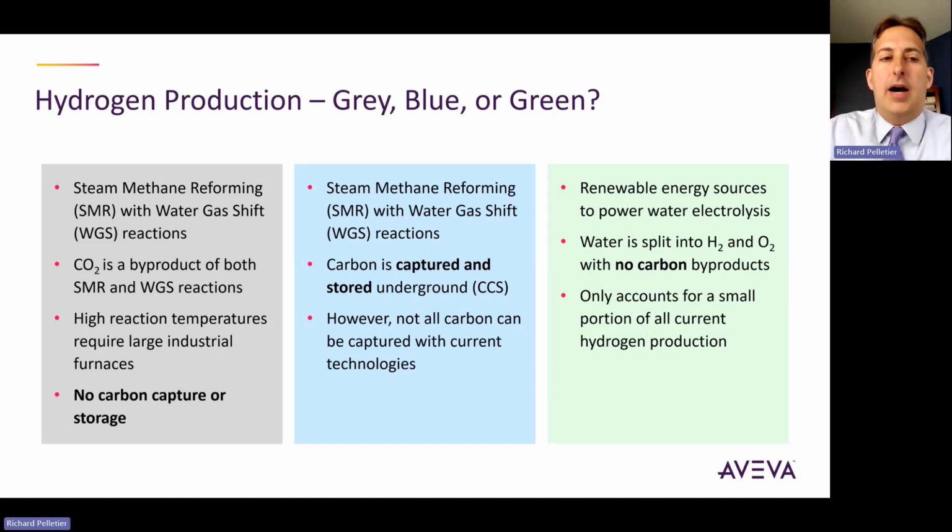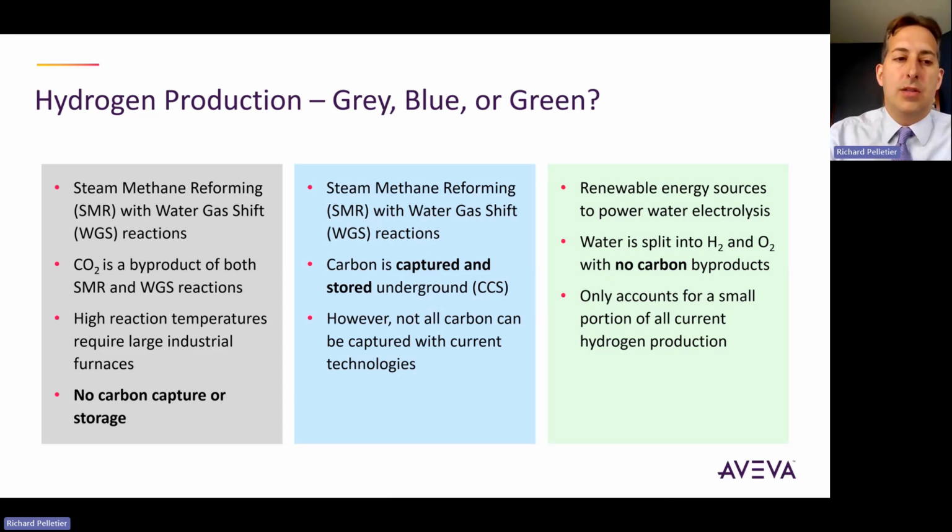All right. Hydrogen production is one of the main focuses of this model library. It's going to be one of the main focuses of your academic competition program. And when you talk about hydrogen production, there's a couple different ways that you can produce hydrogen. They typically go by certain terminology that you see here. So there's gray hydrogen production, which is our sort of old standard for producing hydrogen.